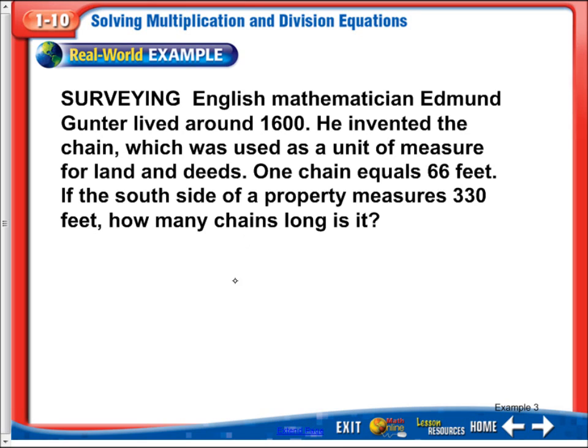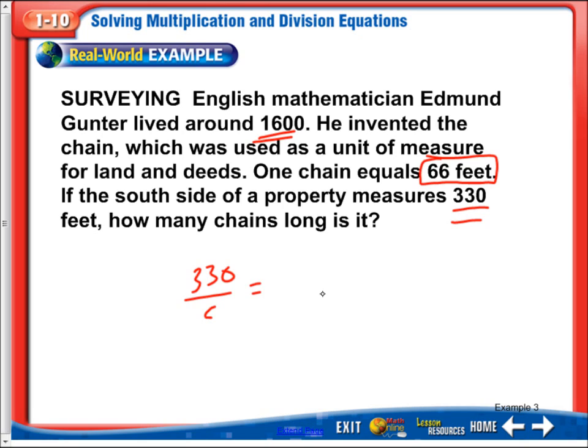Okay, so we have one chain is equal to 66 feet. Okay, we kind of highlight that in our story. And then we have a side measuring 330 feet. So we want to know, if someone was living around the 1600s, you'd say, well, how many chains is that? Okay, so we want to say 330 divided by maybe C, which is the number of chains.